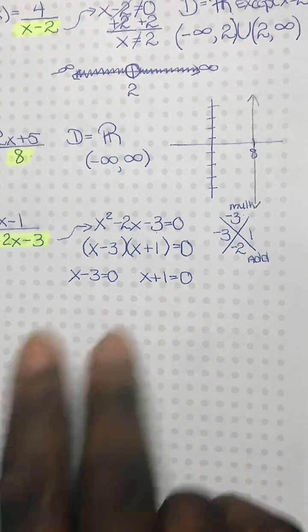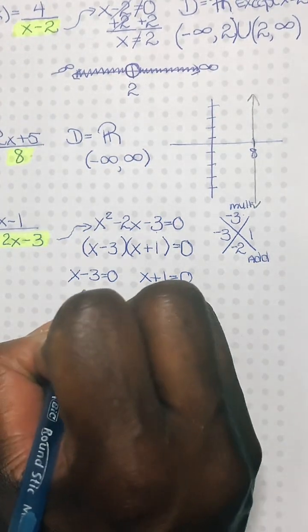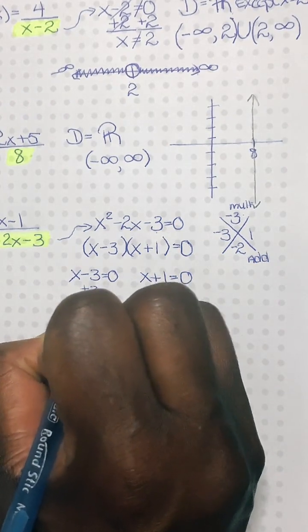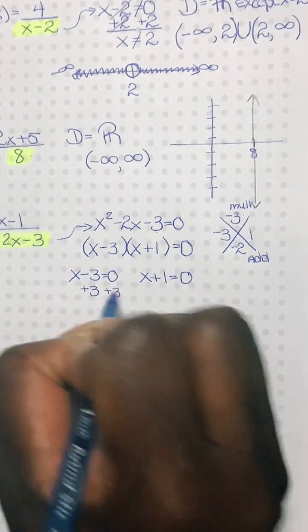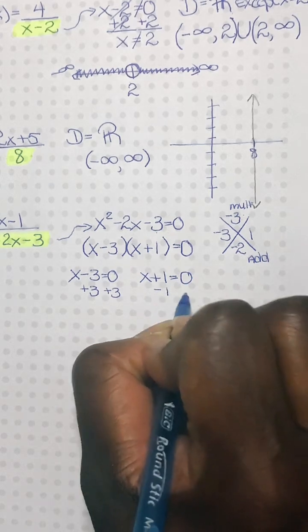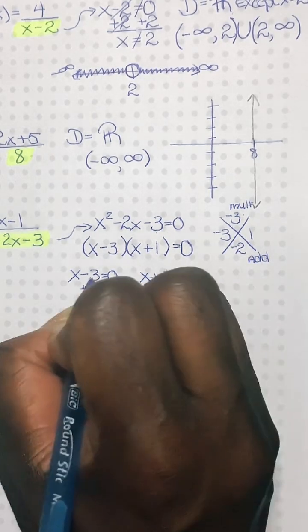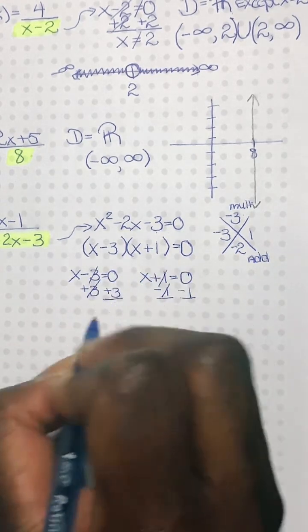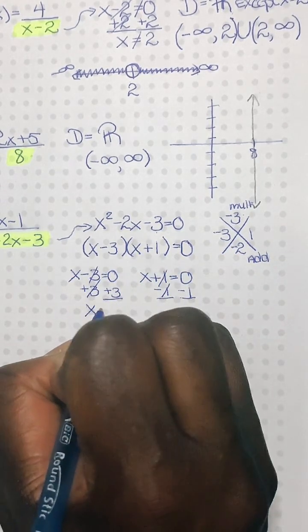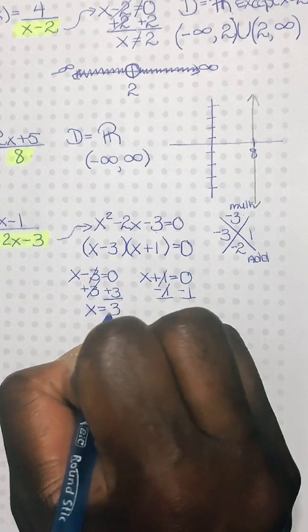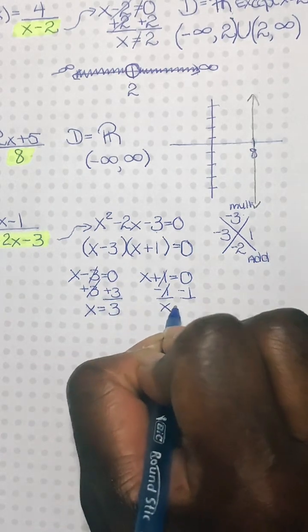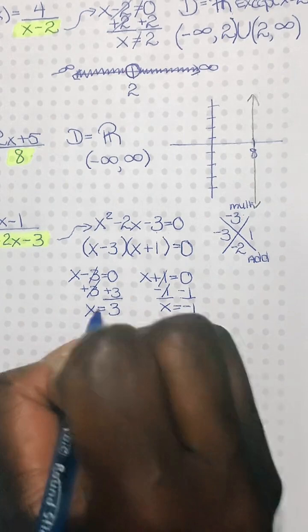All right, so for my 2 answers, I'm going to add 3 on this side, and I'm going to subtract 1 on this side. So we have x is equal to 3, and x is equal to -1.